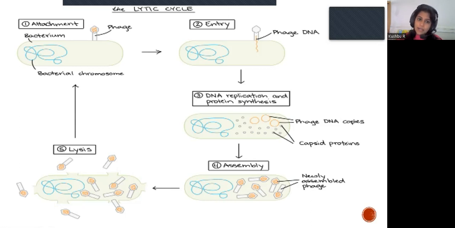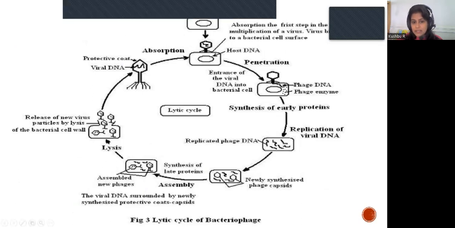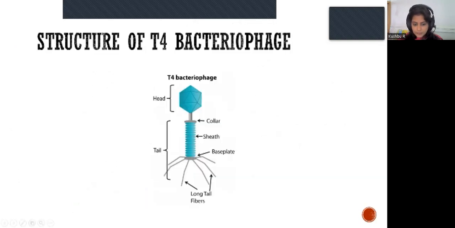This is called a lytic cycle, where, as the name signifies, there is lysis of the bacteria. So this explains attachment, penetration, protein synthesis, assembly, and the liberation of these newly synthesized viral particles.